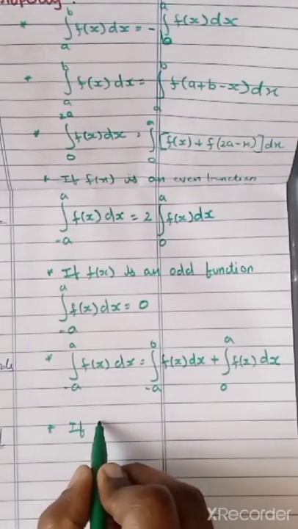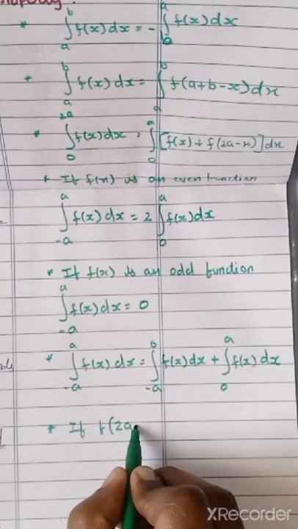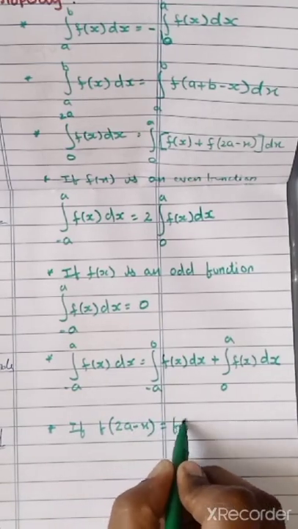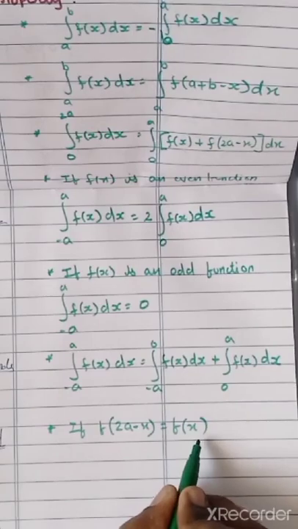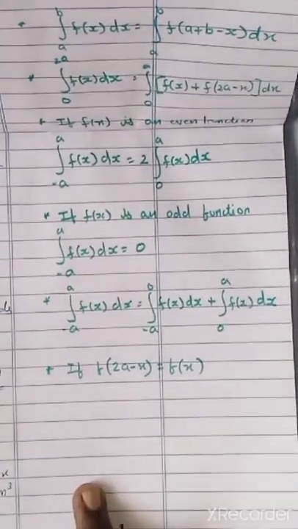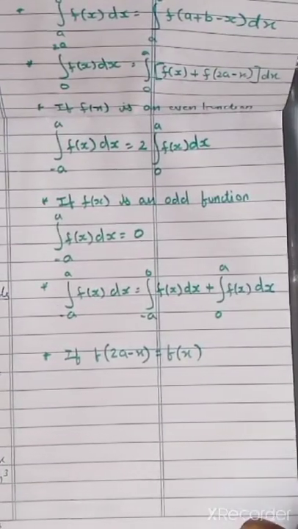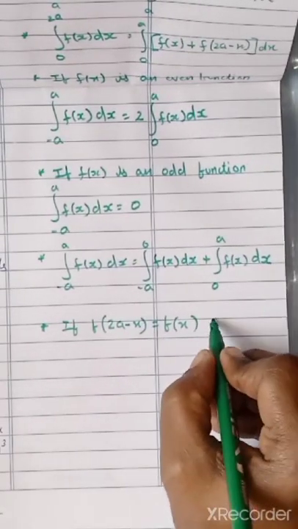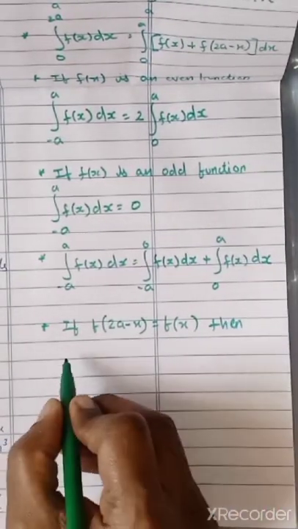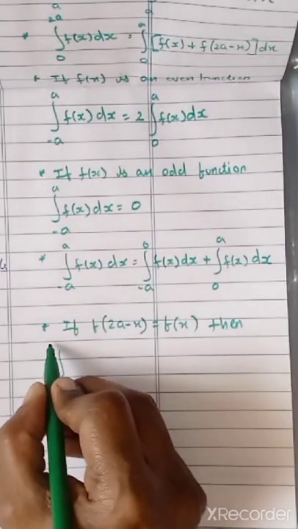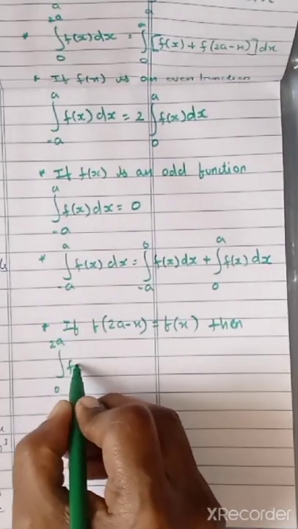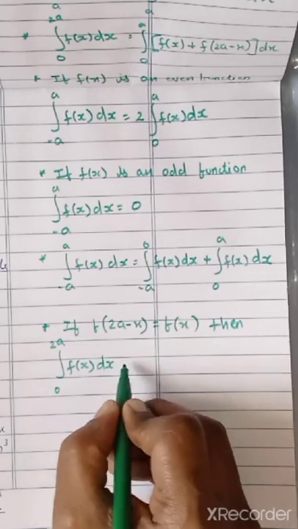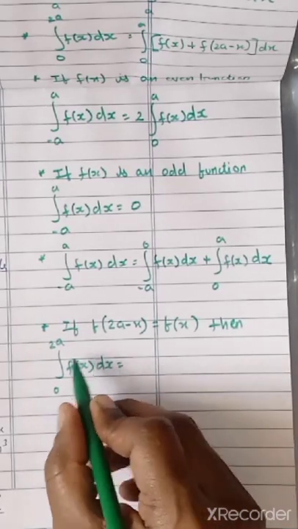Next property: if f of 2a minus x equal to f of x. If this condition is satisfied, then the integral 0 to 2a f of x dx, how can you write this one?